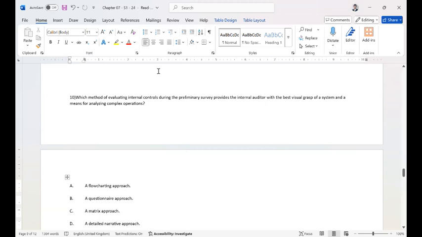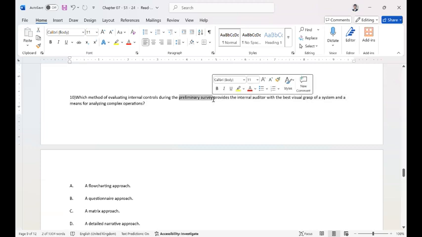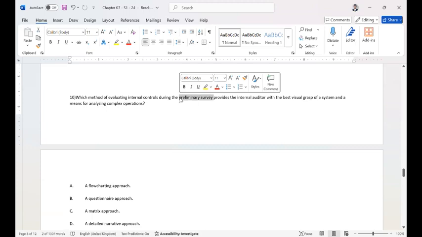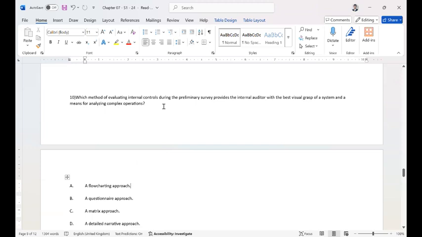Which method of evaluating internal controls during the preliminary survey provides the internal auditor with the best visual grasp of the system? Before you start your fieldwork proper, you have to do this preliminary survey where you read the SOPs, you complete checklists, you draw up your flow charts. And once you finish all that preliminary survey, only then you draw up your program and get on to the detailed substantive testing.